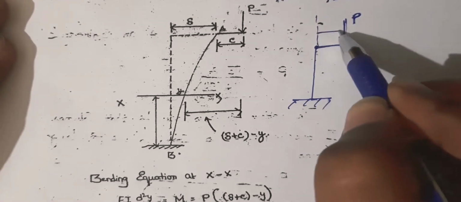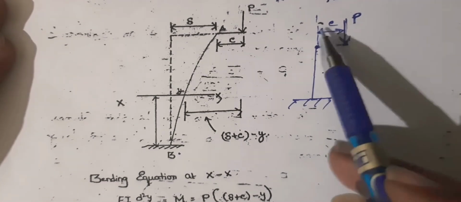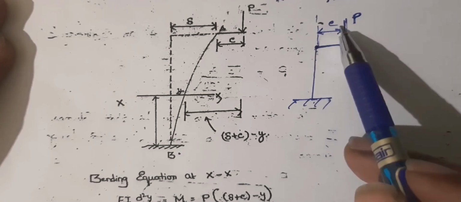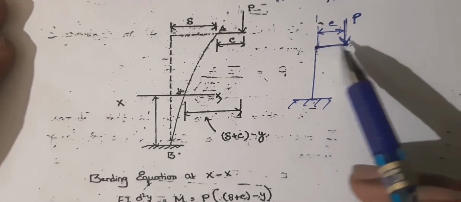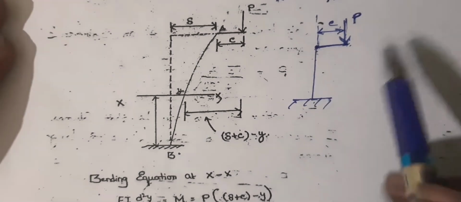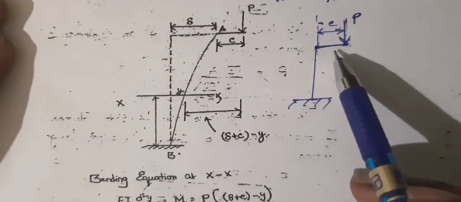This is nothing but e. See here, the free end is acted on at e. This may be an extension of this column laterally, in this horizontal direction. Of course, without this, how can we apply the load with an eccentricity?